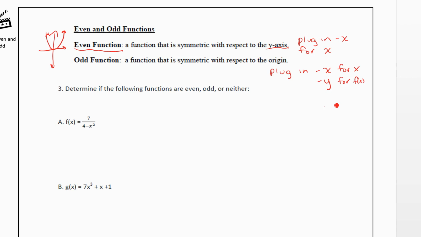Sometimes it'll be neither. So let's start out with f of x equals 7 over 4 minus x squared, and we can rewrite that as y equals 7 over 4 minus x squared. So let's check for even. We're going to replace x with negative x. So we'll leave y alone.